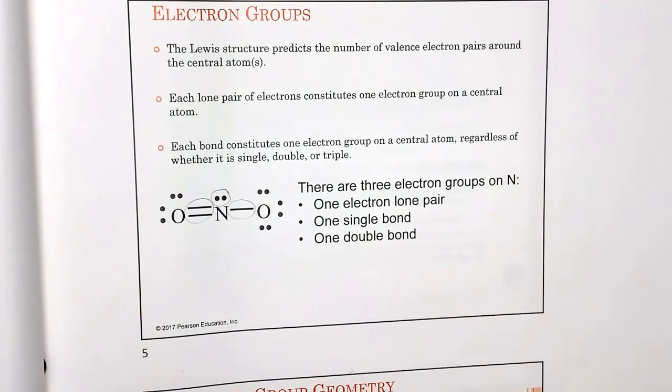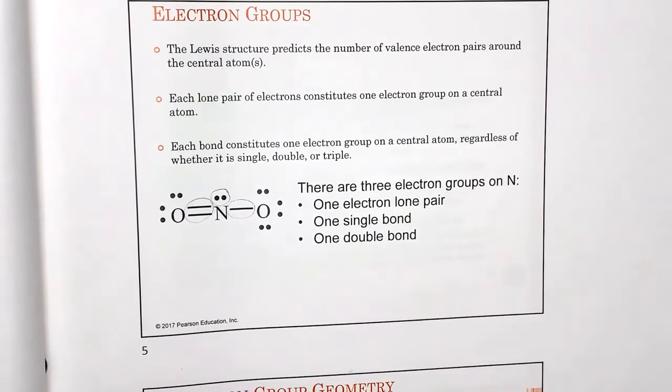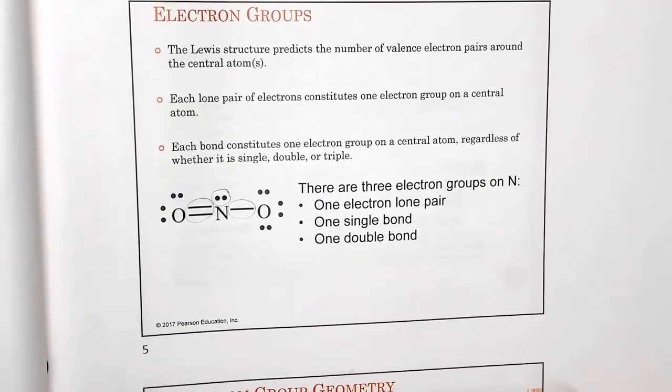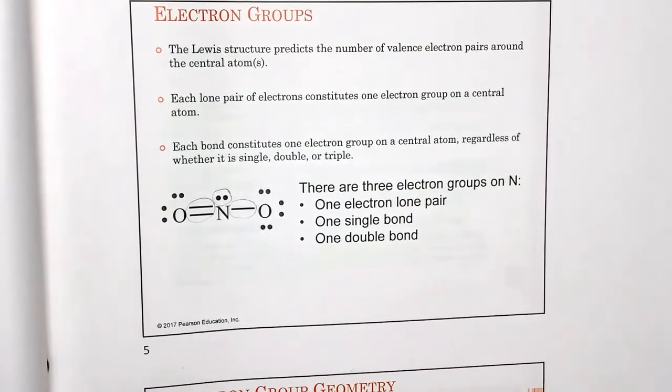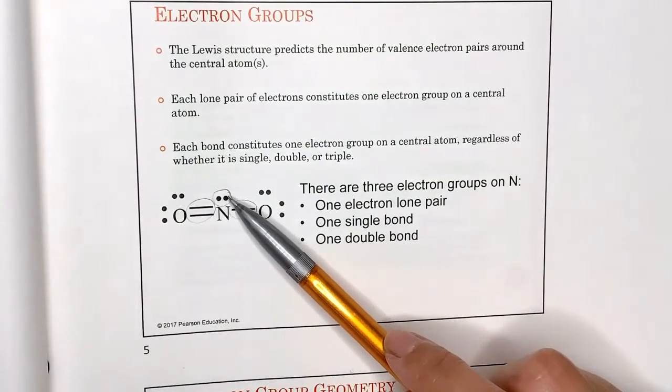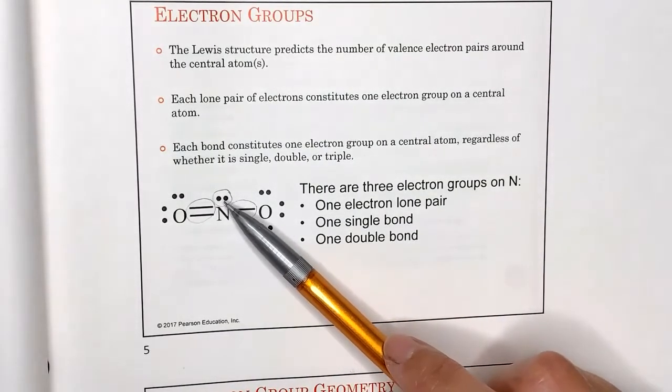So we have to connect them together but spread them out as far away as possible from each other. So who takes up the most space? The most space will be taken up by a lone pair. Okay, a lone pair can push away the furthest.